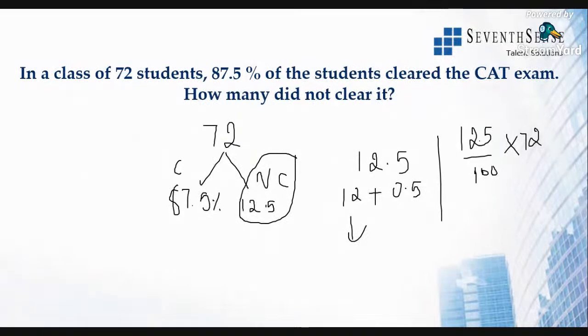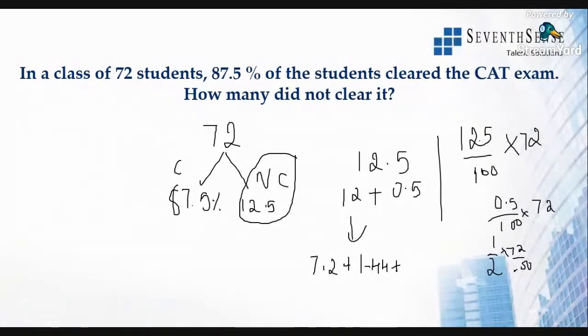So 10% is 7.2, plus 1% is 0.72. 2% is 1.44, plus 0.5%. 0.5 is 1 by 2, right? 1% is 0.72, half percent is 0.36.